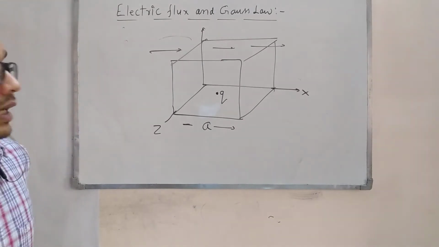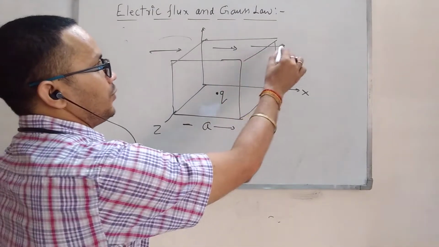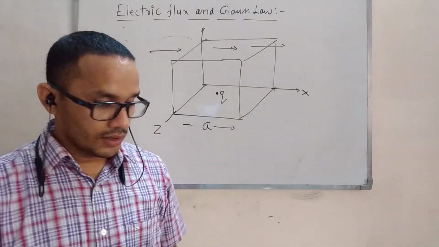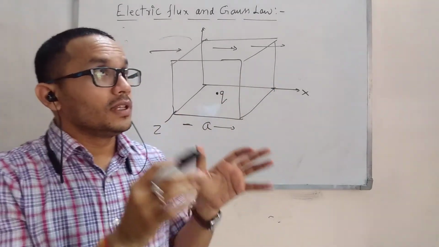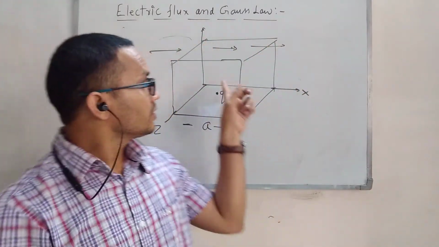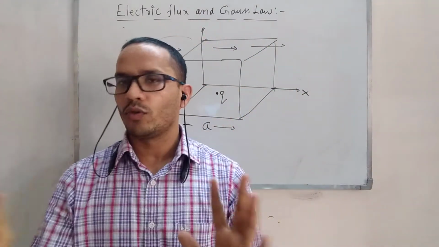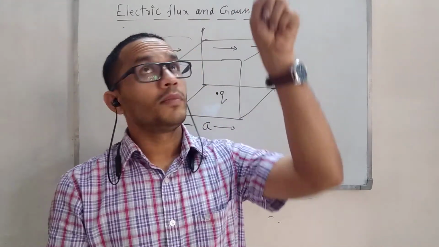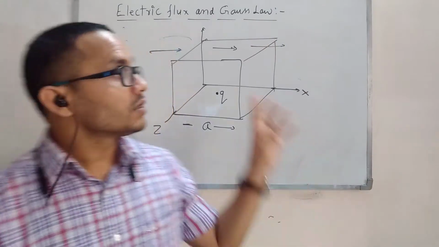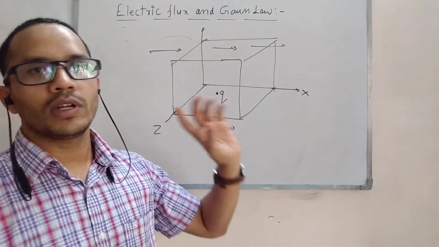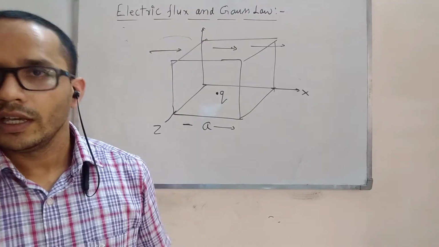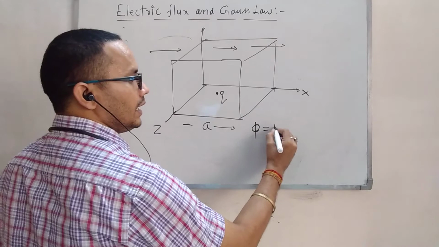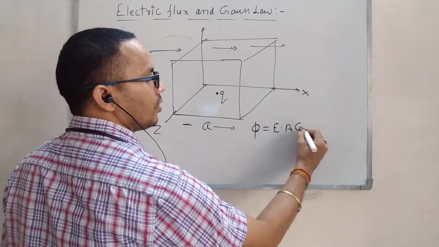Now in this situation, we have to find out through which surfaces the flux passes. This is similar to sitting in a room in the shape of a cube. In a cubical room you have 6 faces: front, back, top, left, right and bottom. Out of these 6 faces, you have to calculate how many surfaces allow flux to pass. So basically phi is equal to E A cos theta.